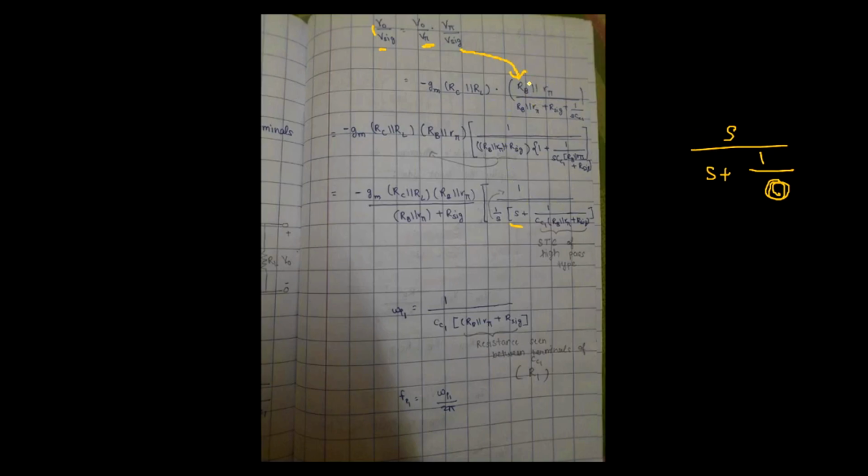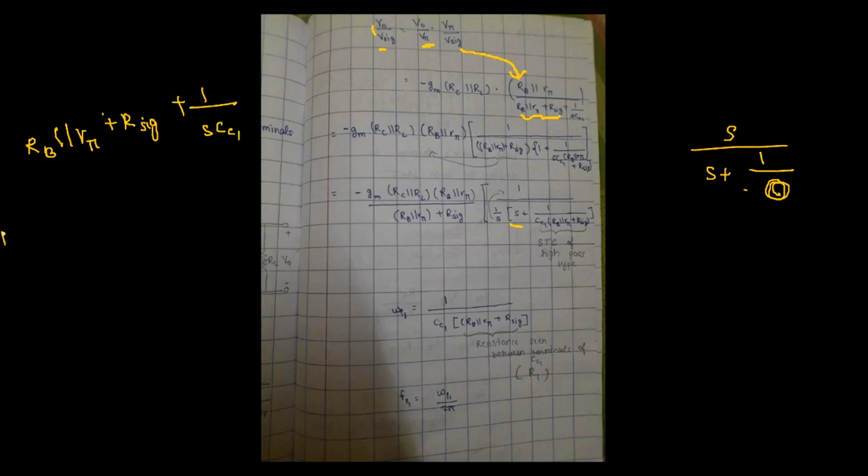So we take RB parallel R pi out of the bracket, and we are left with 1 divided by RB parallel to R pi plus R signal. Since we want something of this form, we take this term common outside the bracket, and we write RB parallel to R pi plus R signal plus 1 divided by S CC1.